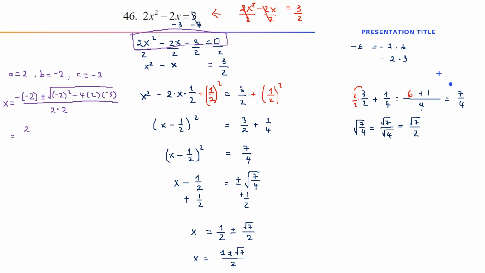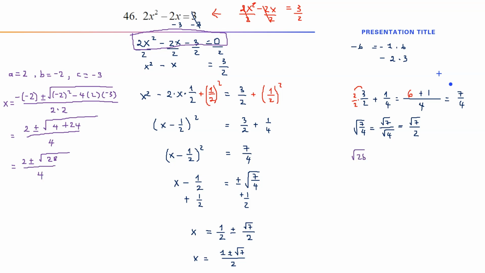We have 2 plus or minus the square root of 4. We have 4 times 2 is 8, times 3 is 24, and we have 2 negatives, so plus 24, over 4. 2 plus or minus the square root of 28 over 4.